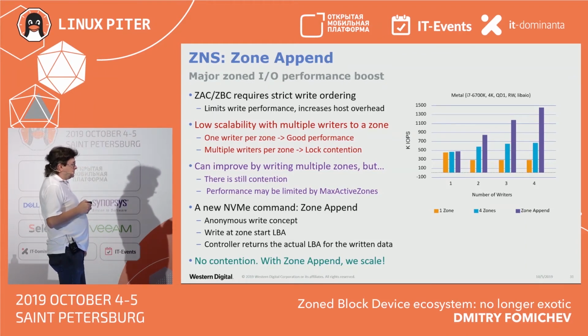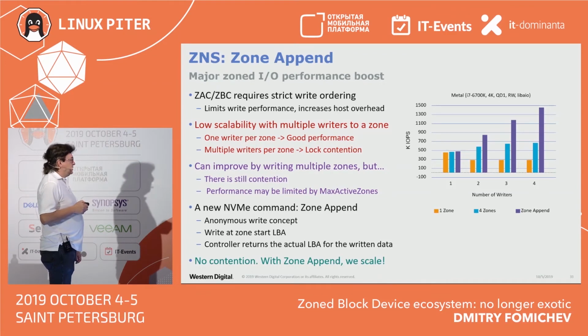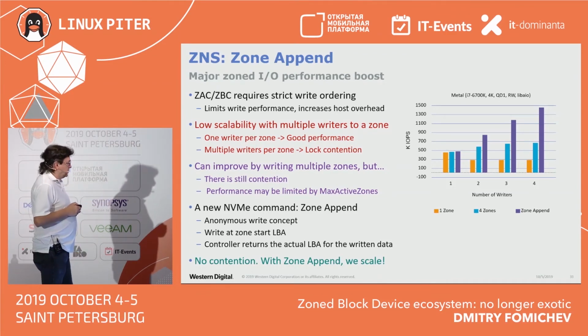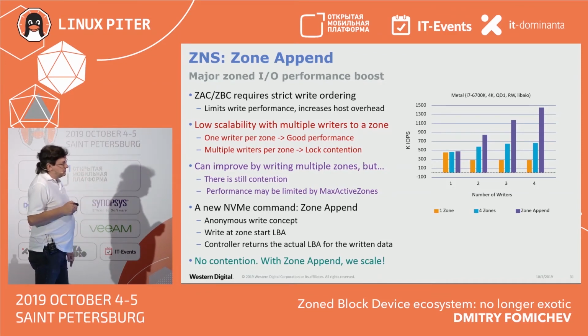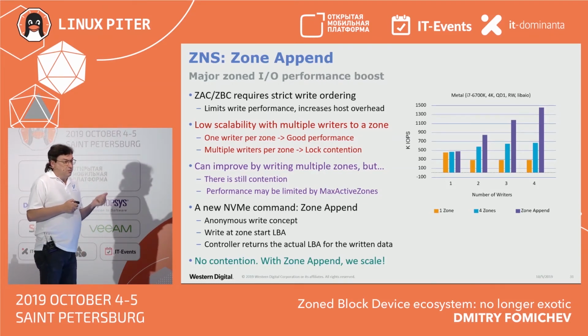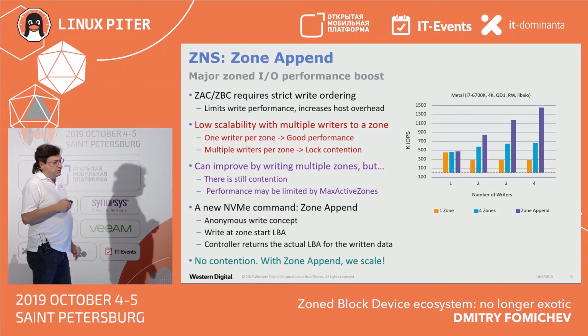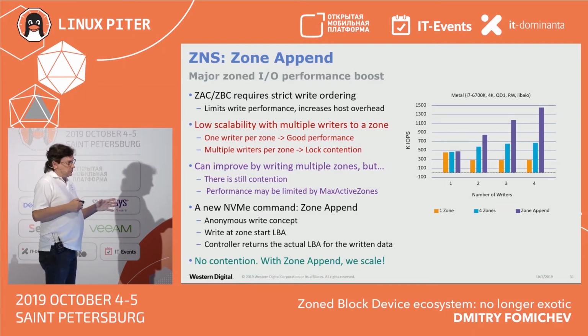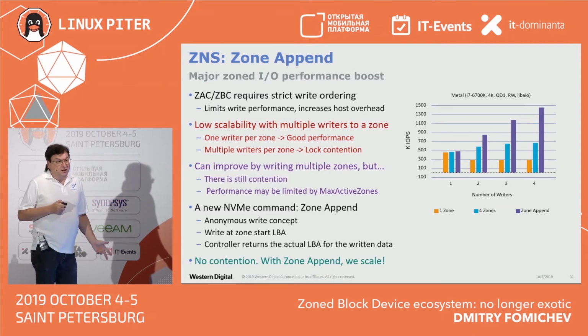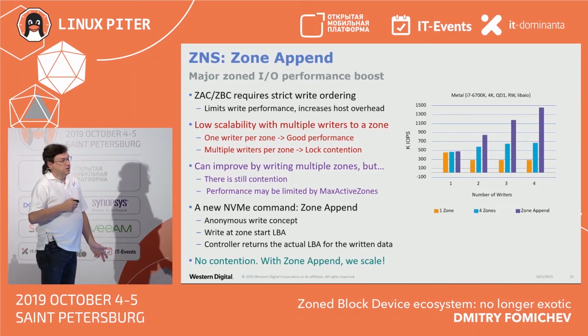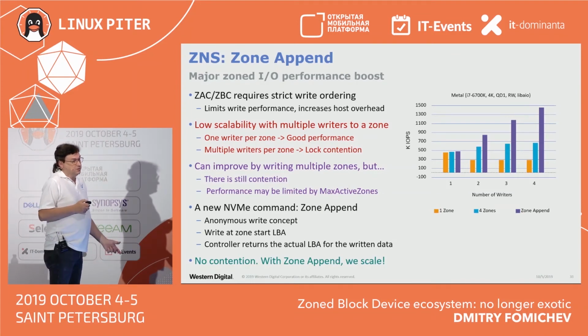So what is being introduced is the zone append, a new command, where clients write to the zone start, and the command actually returns the LBA within the zone at which the data was written. And that's actually great because it eliminates all need for locking the zone.